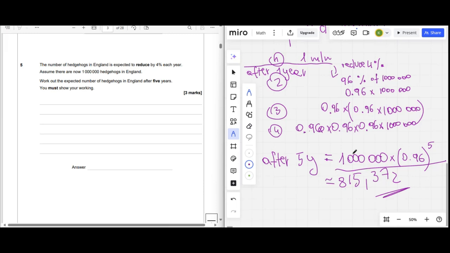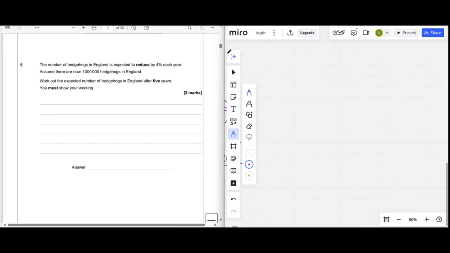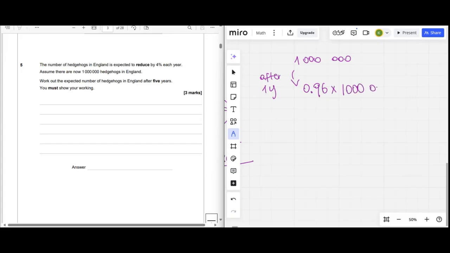Okay. Another way to approach this, if you are not sure about the compound interest, you can try that. 1 million hedgehogs. After 1 year, it's 0.96 times 1 million, right? That reduce of 4%. Yes.